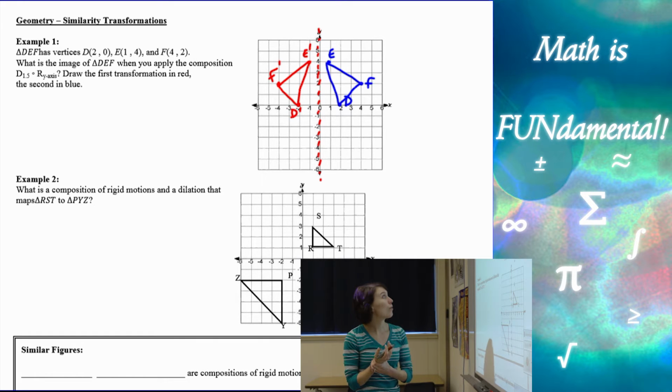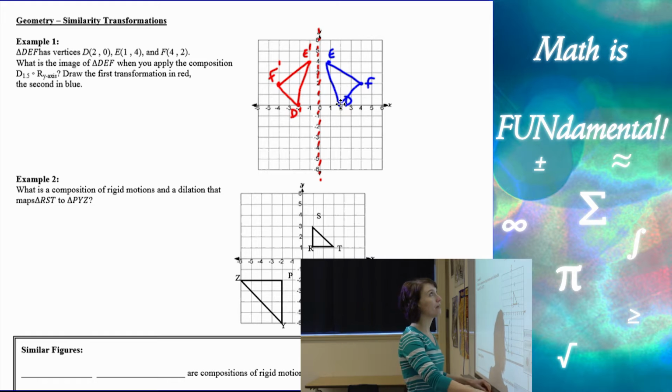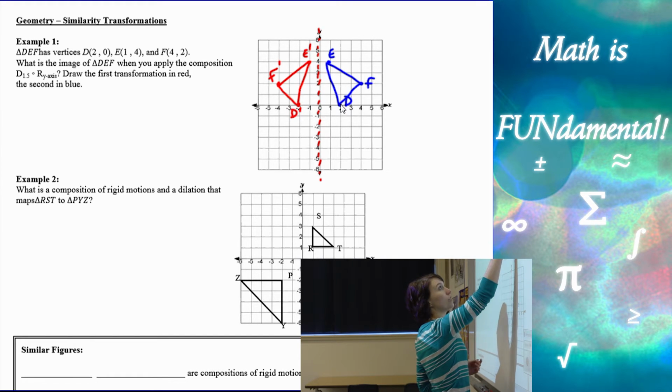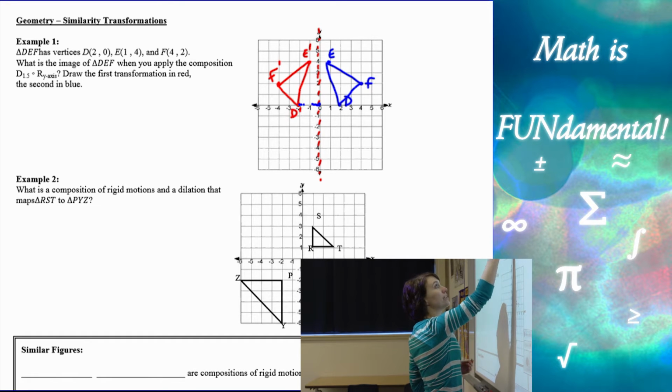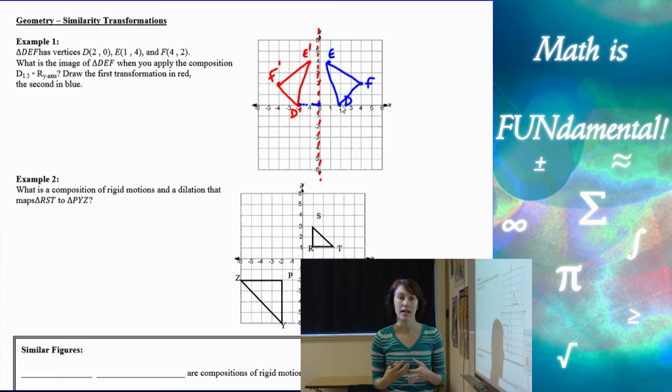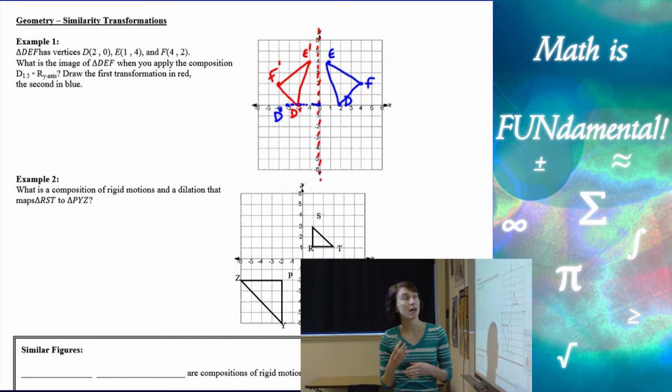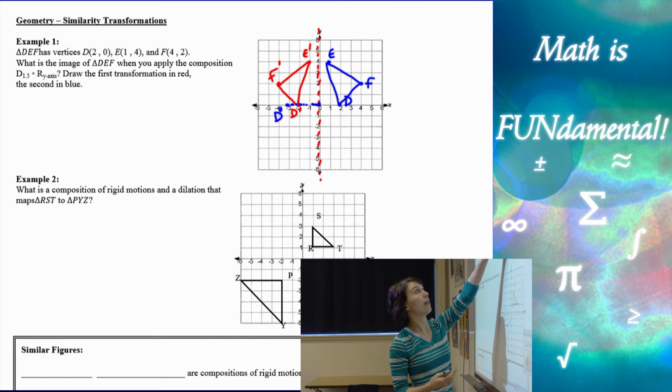All right, now we want to do a dilation of 1.5 and do that in blue. So what this means is from the origin, my length from the origin to any point is going to have to be multiplied by 1.5. So 2 times 1.5 turns to 3. So here would be my D double prime, because now the length between the origin and D double prime is 3.